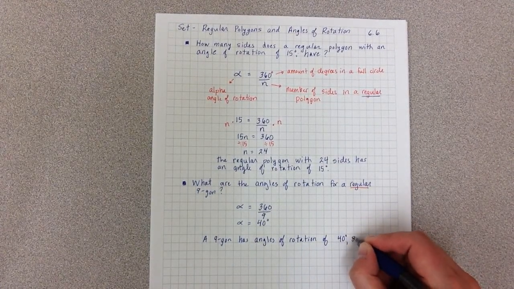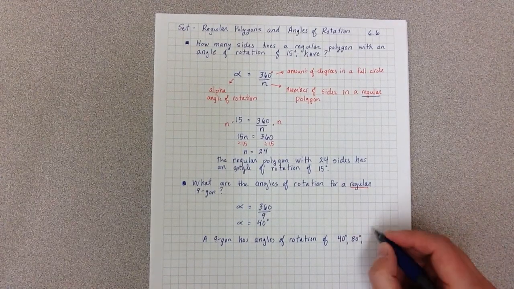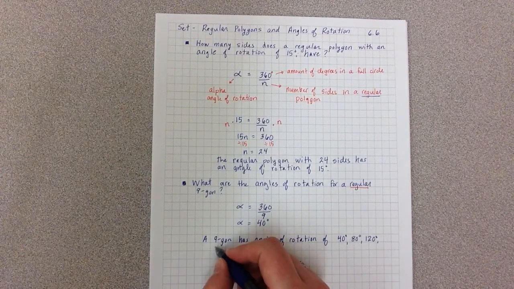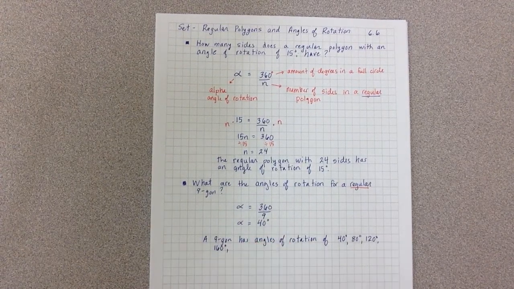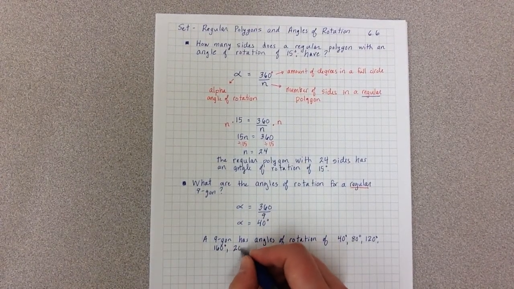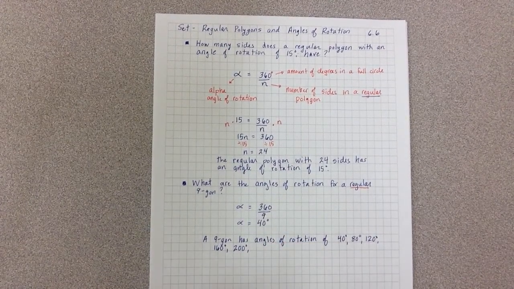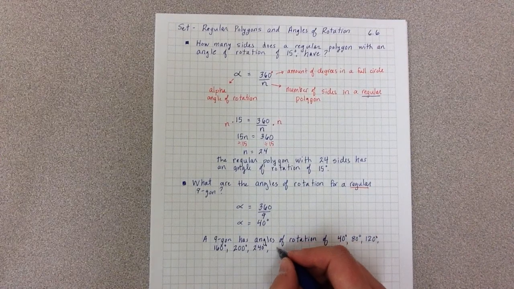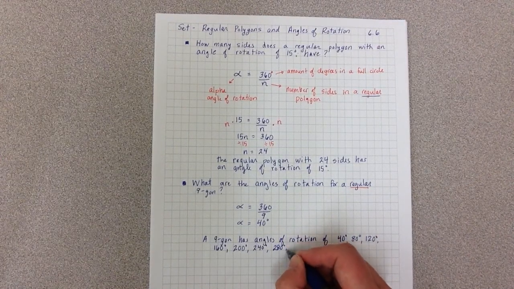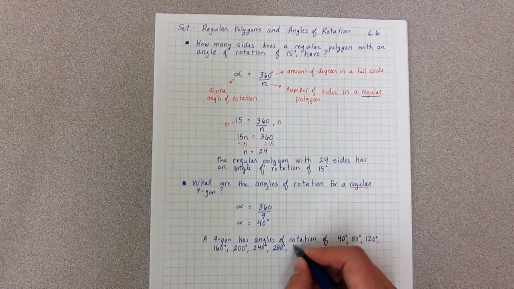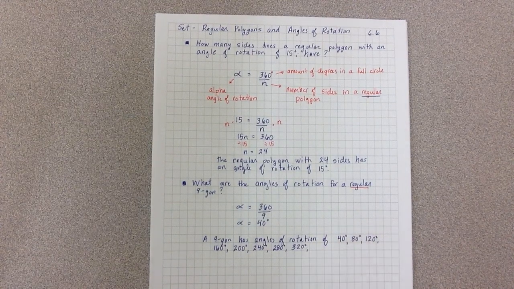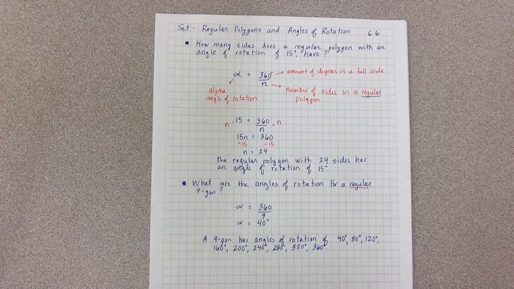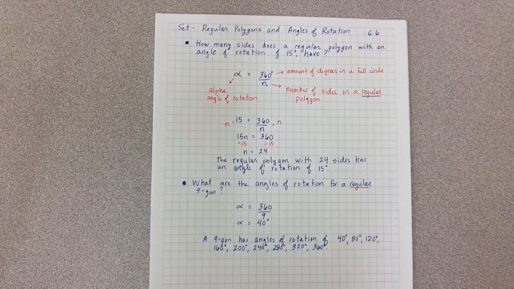So 40 plus 40 is 80, 80 plus 40 is 120, 120 plus 40 is 160, 160 plus 40 is 200, 200 plus 40 is 240, 240 plus 40 is 280, 280 plus 40 is 320, and 320 plus 40 is 360. And we stop at 360 because that is a full circle.